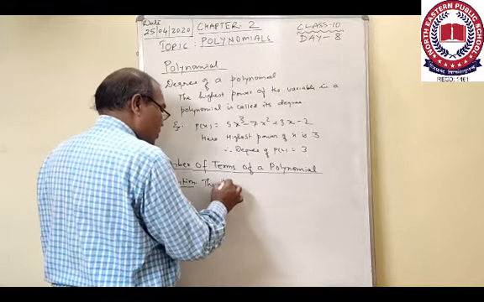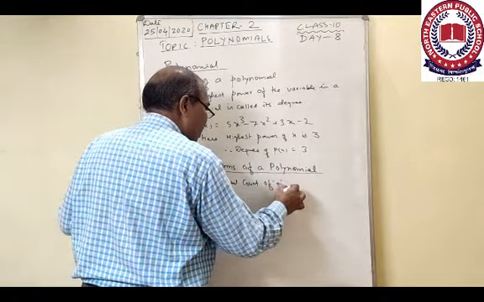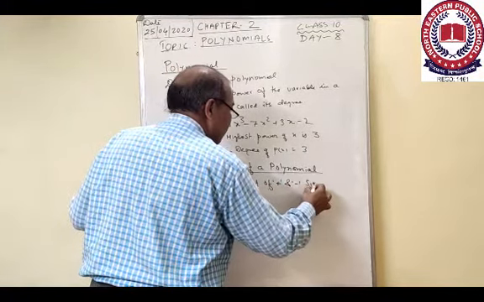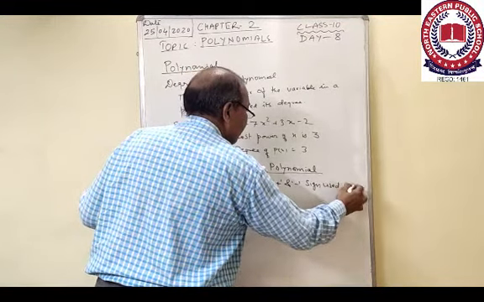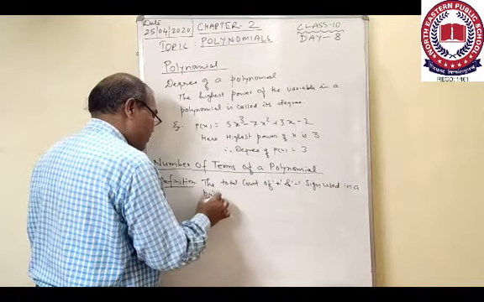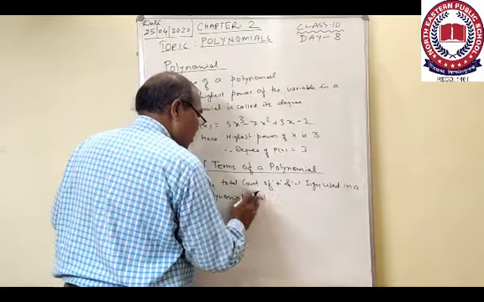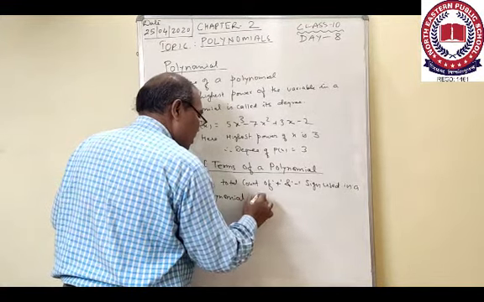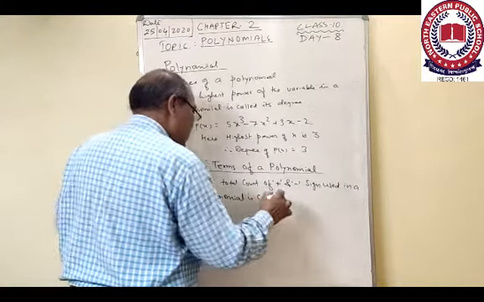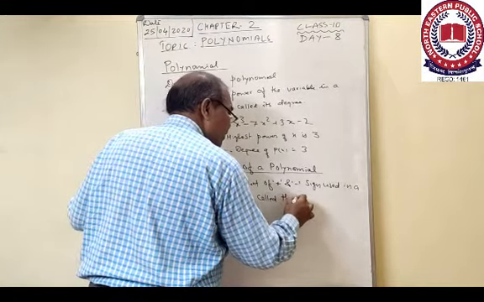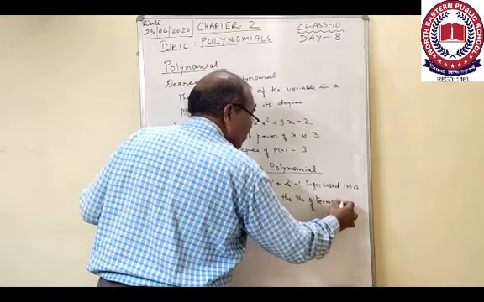The total count of plus and minus signs used in a polynomial is called the number of terms in it.